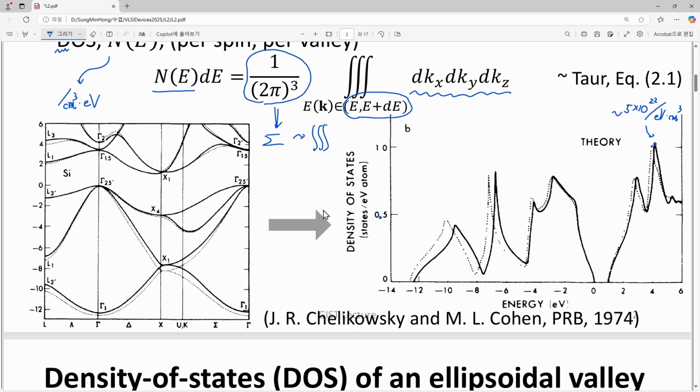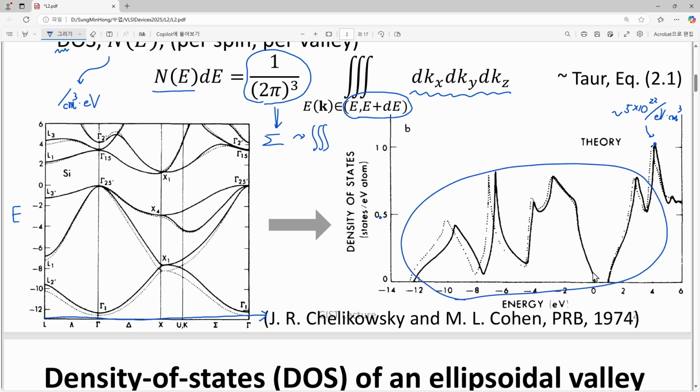Starting from the band structure, here we have the energy of an electronic state, and here we have a horizontal axis corresponding to k value. Then from this one you can count the density of states.